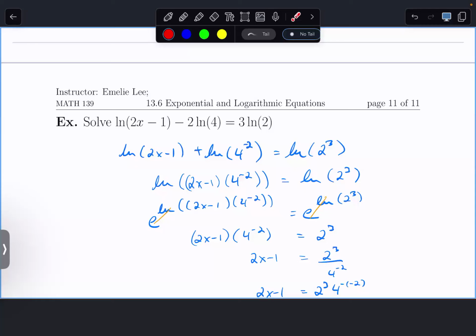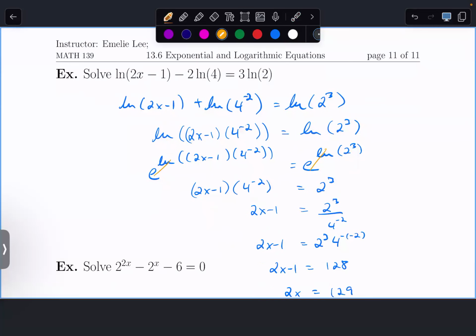If I do it 2 times on the left side with e. So you can't do it 2 times. What I mean is you could have done e to the log of 2x minus 1 plus the log of 4 to the negative 2. And then by exponent laws, because I'm adding in here, that becomes e to the log of 2x minus 1 times e to the log of 4 to the negative 2.